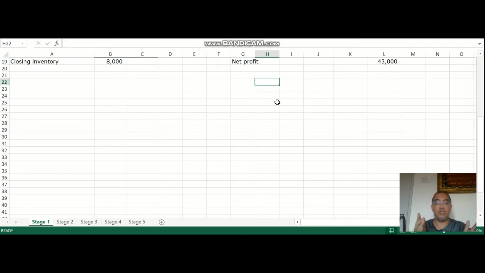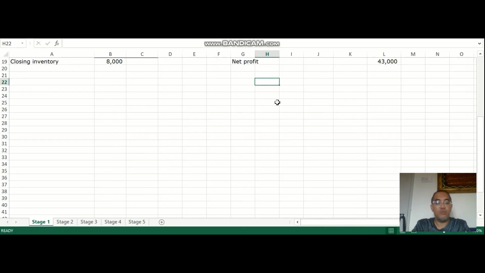You have calculated them through the statement of profit and loss, and after you have gotten the profit, you will post it to your statement of financial position. It will report how much is your assets, how much is your liability, how much is your retained earnings or your capital on that particular date.